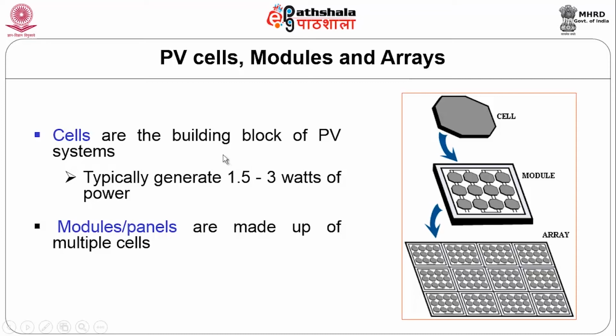The cells are the building block of PV systems, typically generating 1.3 to 3 watt of power, and modules, the panels, are made up of multiple cells. So, PV cells are connected and you get a module, and when modules are connected you get an array. When you connect the arrays, it becomes a solar PV power plant.